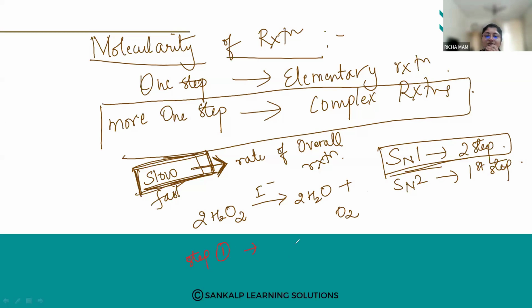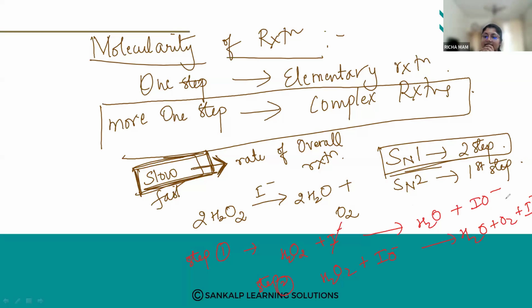Step one is what? H2O2 will react with I minus, giving you H2O plus IO minus. Then the second step: H2O2 will again react with the IO minus, which is formed in the first step, and you get H2O plus O2 plus I minus.